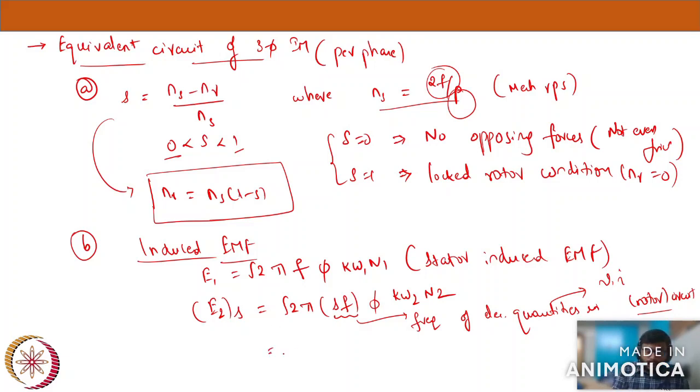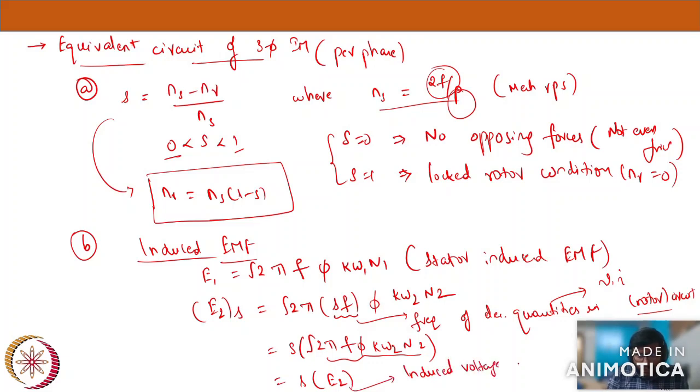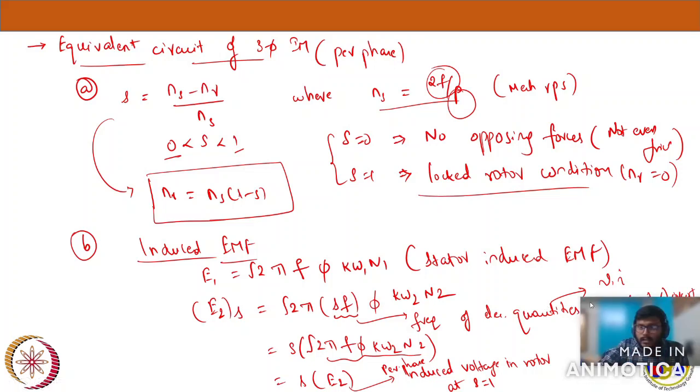Now if I separate the S term and write it like this, root 2 pi f kW2 N2, you see this is the condition where there is no slip. So I can replace this by S into E2, where I call this E2 the induced voltage in the rotor, per phase, at S equals 1. S equals 1 is nothing but what we call the locked rotor condition, or standstill condition.